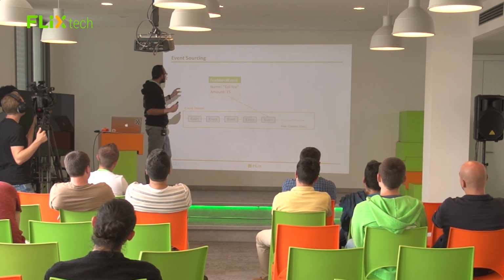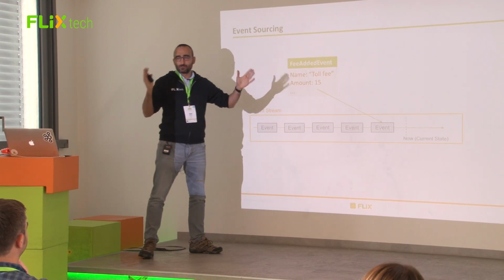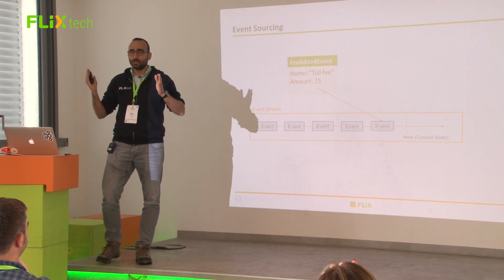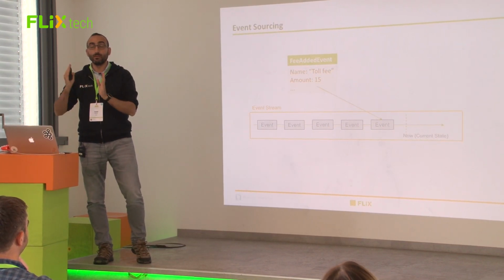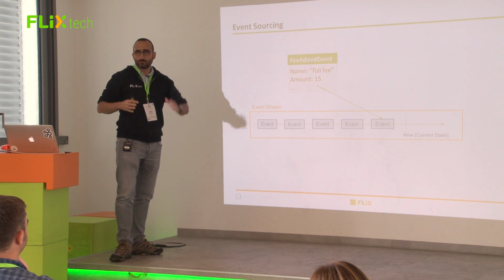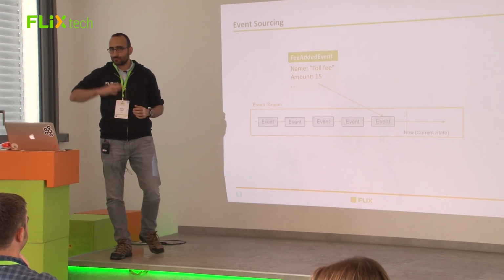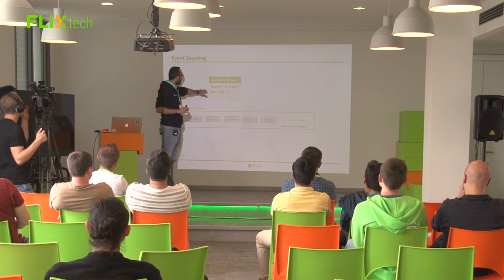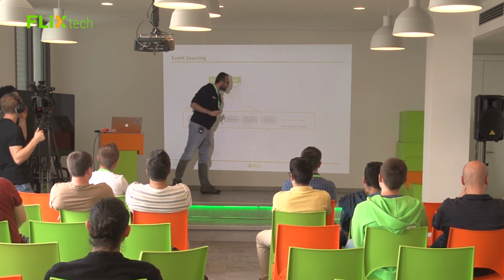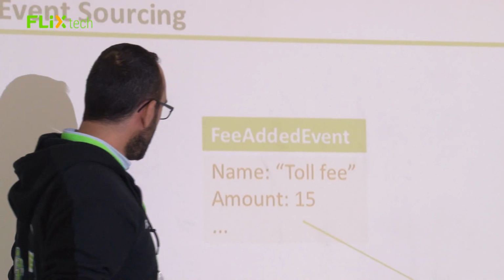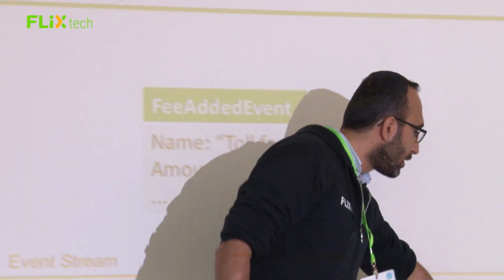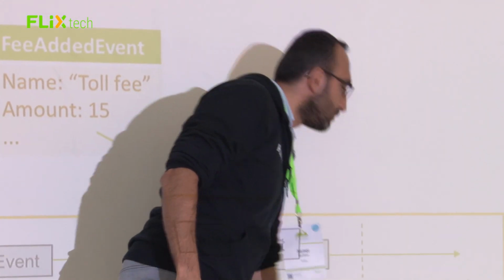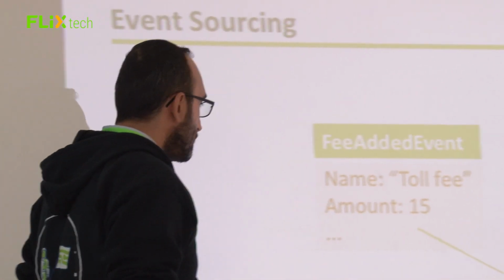Cool. So as we said, we create a new event. We name it with a verb in the past participle form: added, increased, committed, whatever. And we store it in the event store. Now when we replay the events, we will have in our state some model with the value 15.